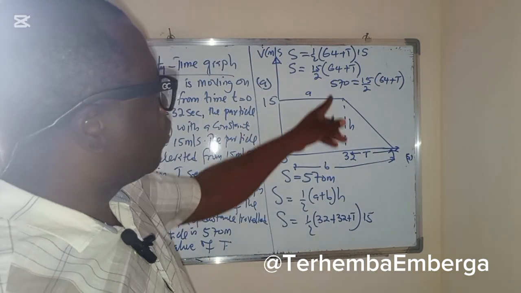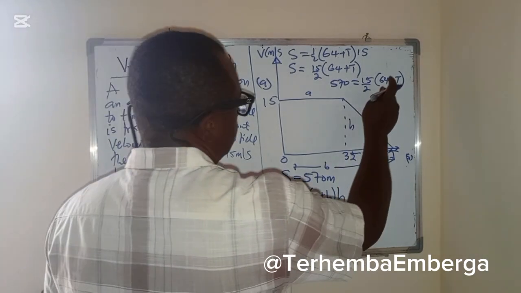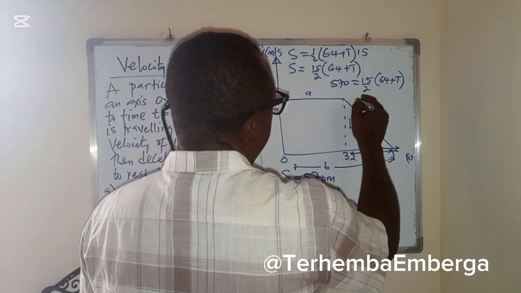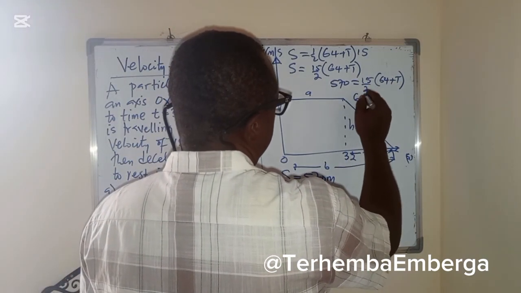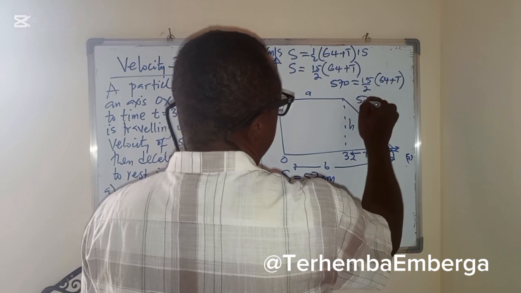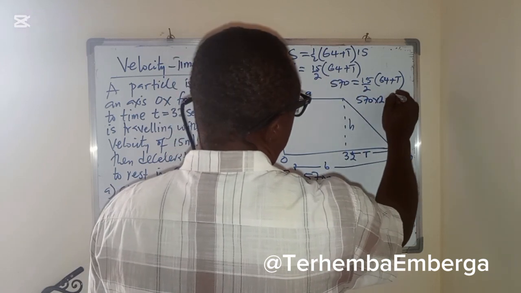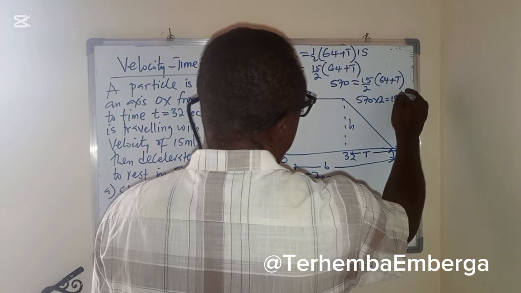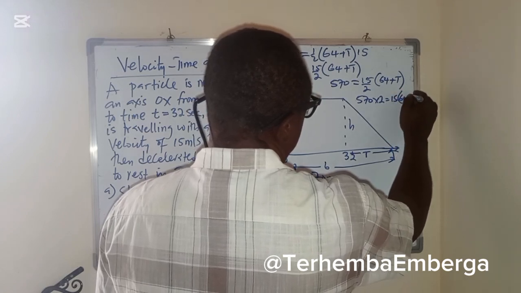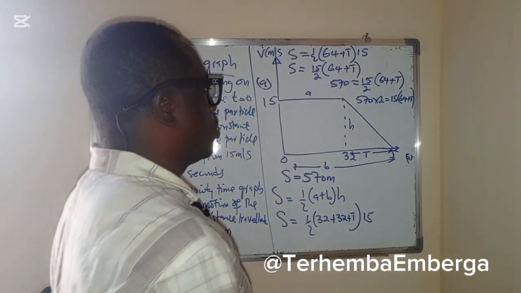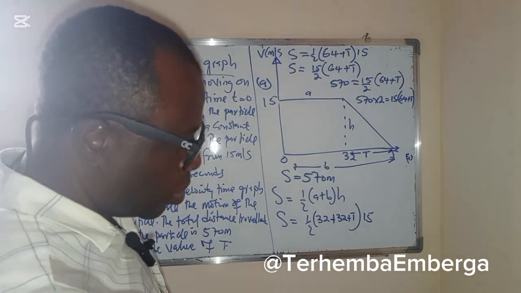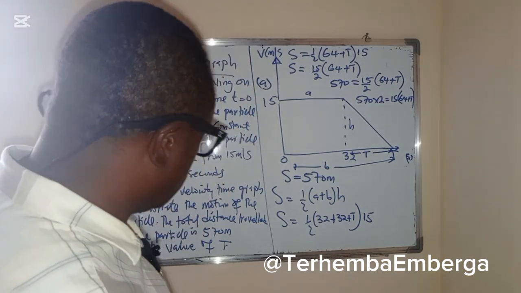So how do we proceed? If you cross multiply, we'll have 570 times 2 equal to 15 into 64 plus t.